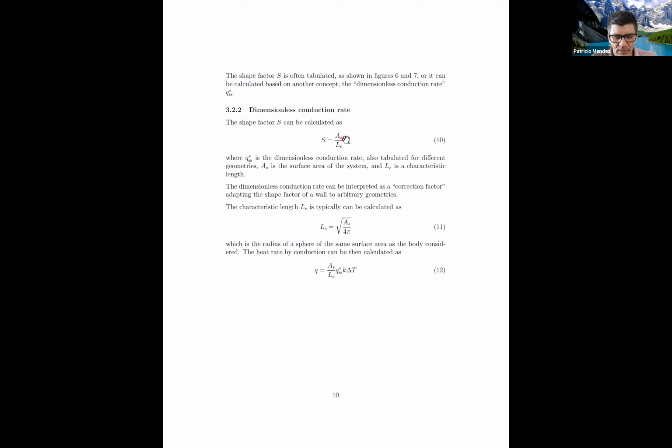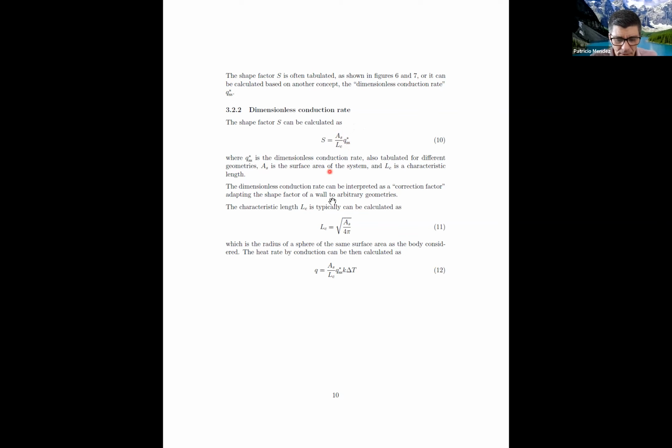It's defined such that the shape factor would be a reference area, a surface area of whatever that would be, which can be the surface of a sphere or the surface of Mickey Mouse, a characteristic length, and I'm going to talk more about this characteristic length, and this Q_SS star, which is a dimensionless conduction rate. Surface area is easy, characteristic length is easy. This Q_SS is where you have 4 years of a PhD put in.